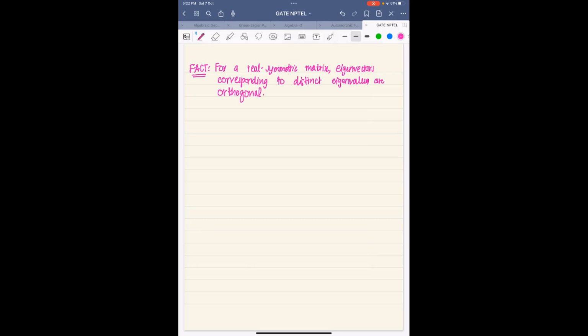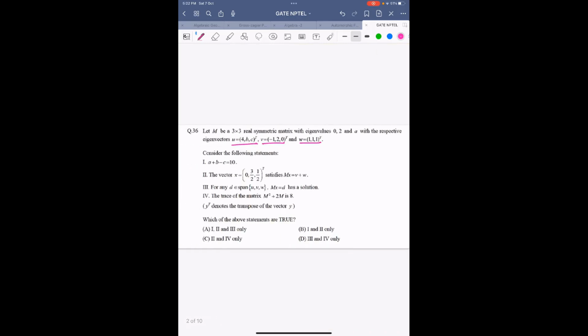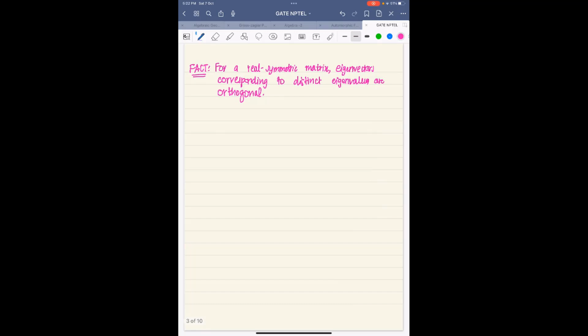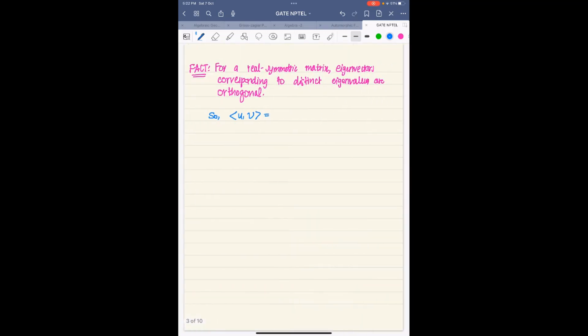So what this means, we have these distinct eigenvalues 0 and 2, so these two vectors u and v must be orthogonal. Which is what this is, -4 plus 2b, this must be 0, this implies that b is equal to 2.